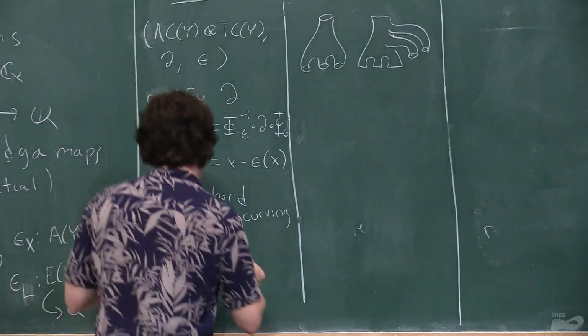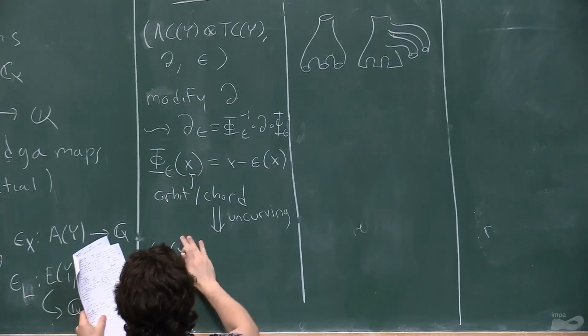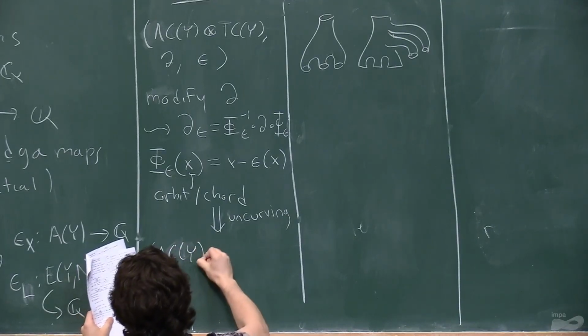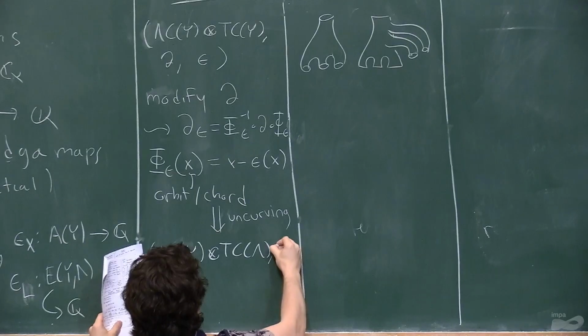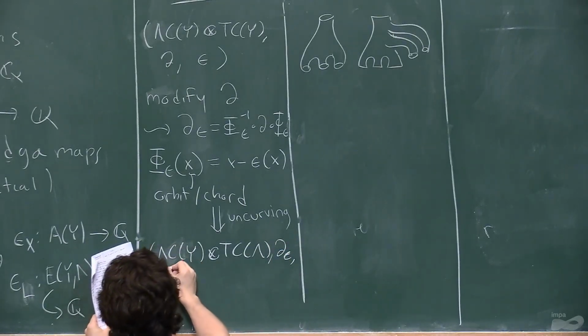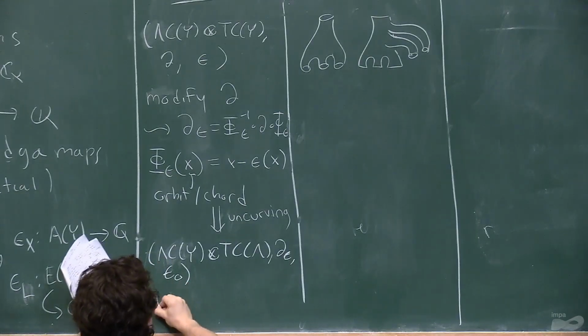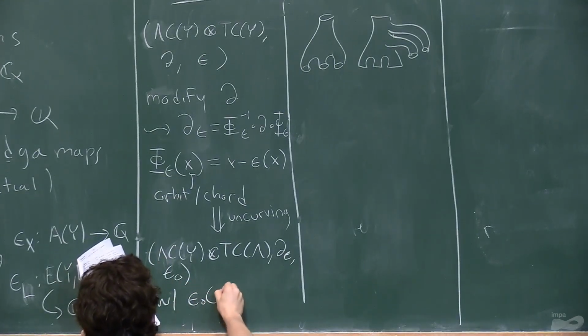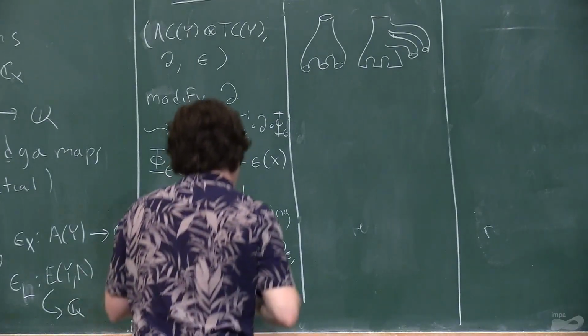So the resulting thing is the same underlying algebra with some new differential, and now equipped with a zero augmentation. So basically an augmentation where every generator is sent to zero under the augmentation.